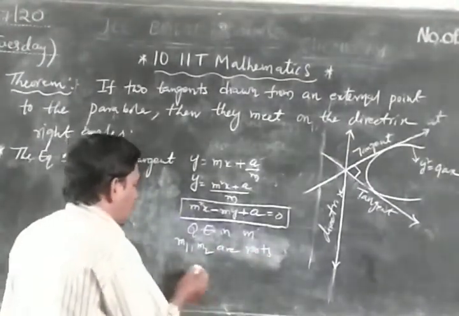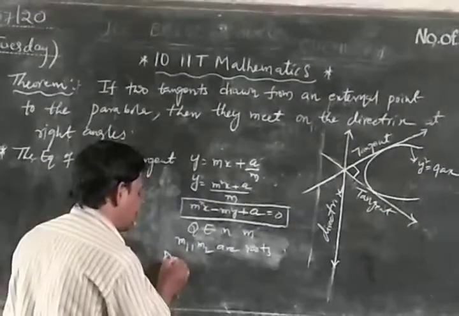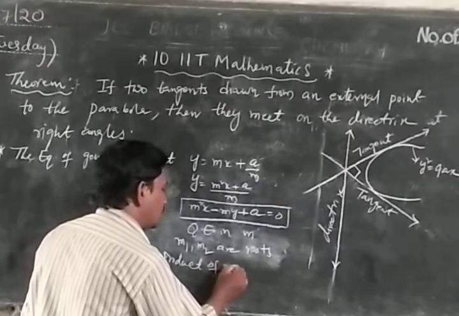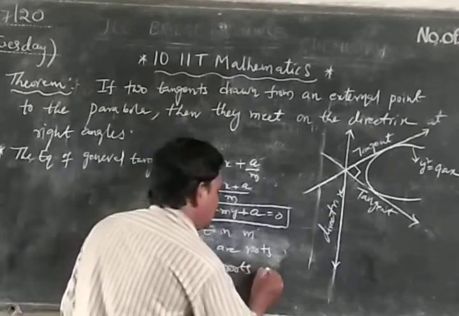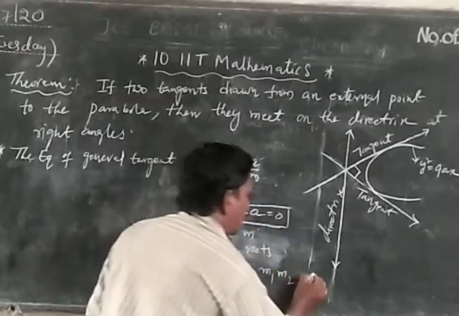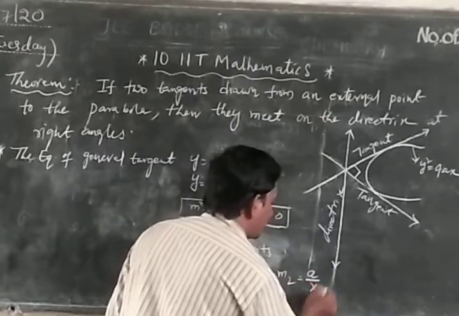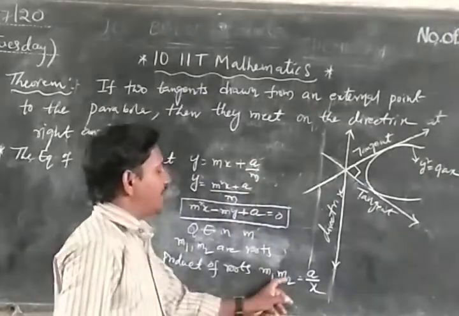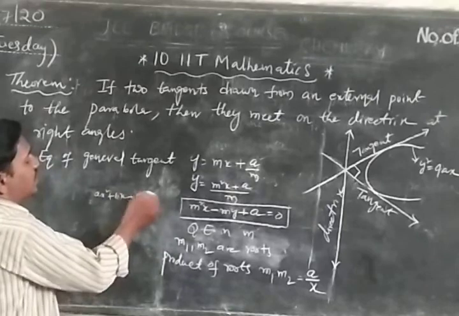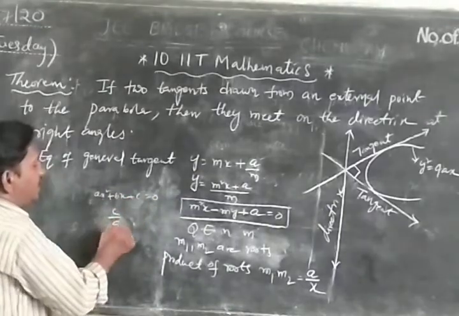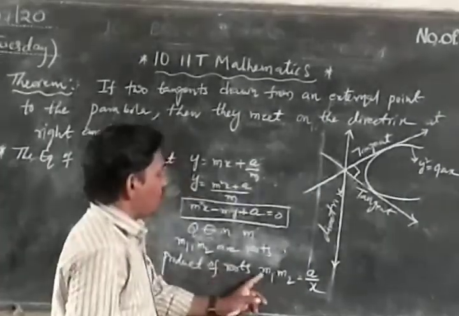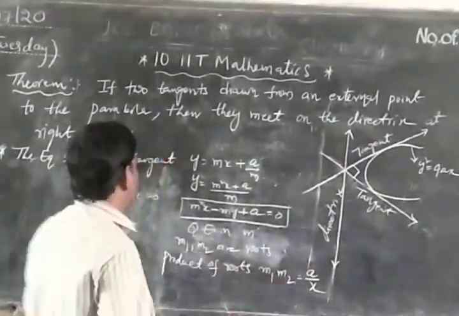So the product of the roots, m1 dot m2, equal to a by x. Why? Because in ax square plus bx plus c equal to 0, the product of the roots is c by a. In the same way, the product of roots m1 dot m2 equal to a by x.